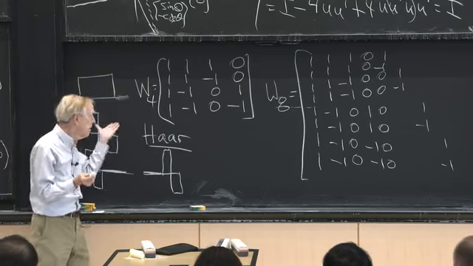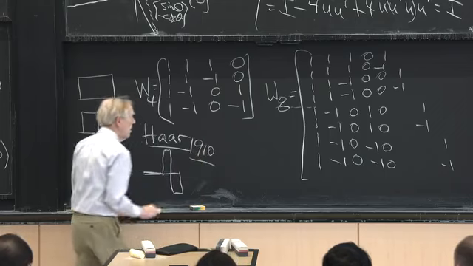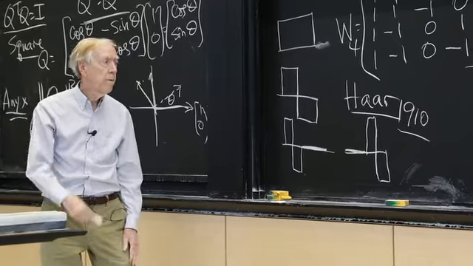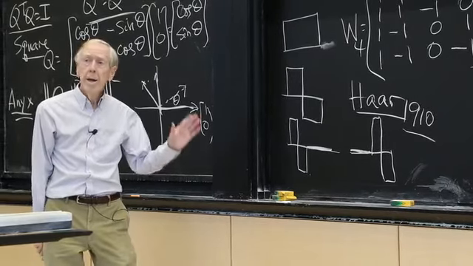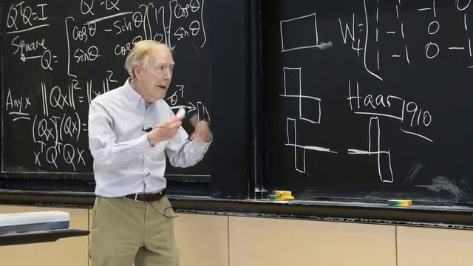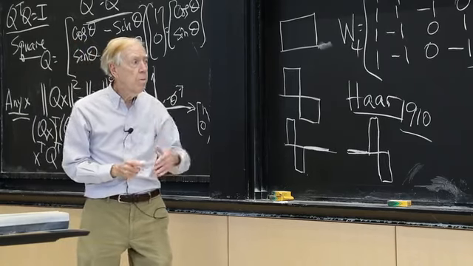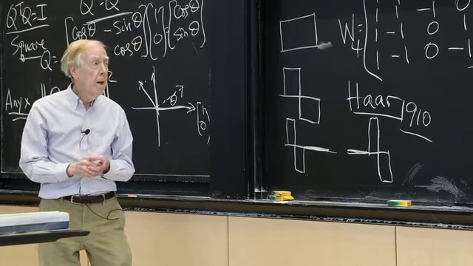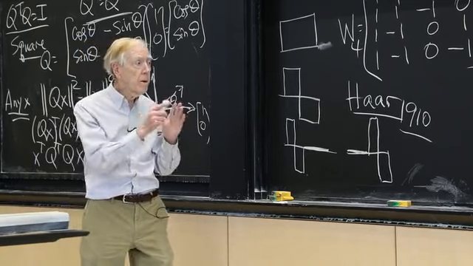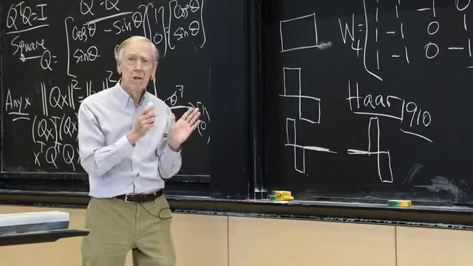Haar invented this in like 1910, forever before. But then you wanted wavelets that were a little better, and not just ones and minus ones and zeros. That took a lot of thinking. A lot of people were searching for it.